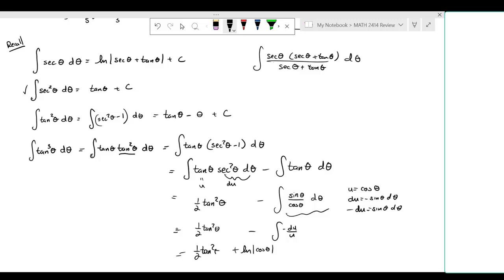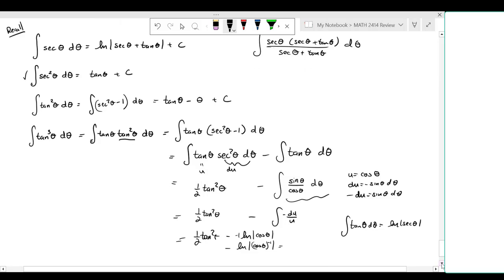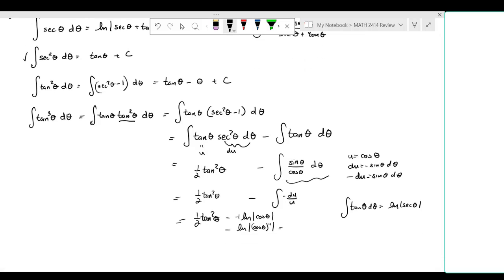Because of the minus, this is log of secant theta. You can use properties of logs to rewrite this as log of absolute value of cosine to the negative 1 power, and the reciprocal of cosine is secant.